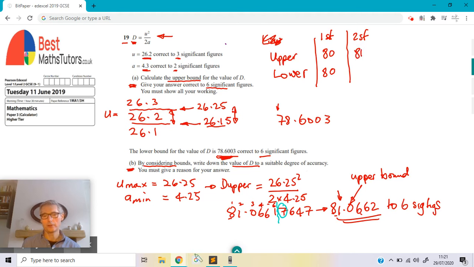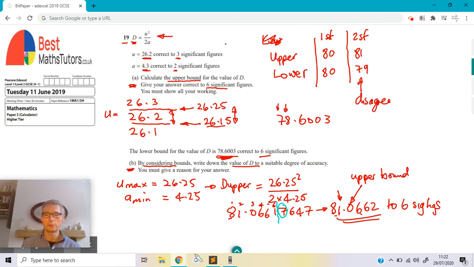And if we'd looked at the lower bound, we'd cut it off after the 8 there, but the 6, which is our second significant figure, is 5 or more, so that's going to add 1 onto the 8, and that's going to be 79. In fact, we disagree at this point. The upper and lower boundaries disagree.